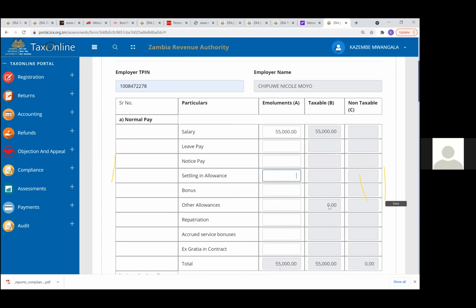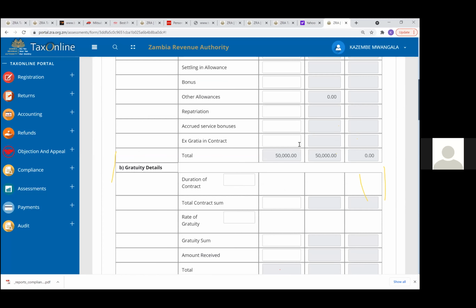Remember, someone was getting 55,000 the whole year and a transport allowance of 8,000. Now let's look at one who got 50,000 the whole year and a transport allowance lower than the other, and we see how much refund will be due to them.